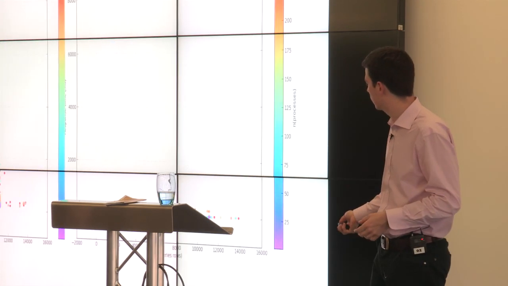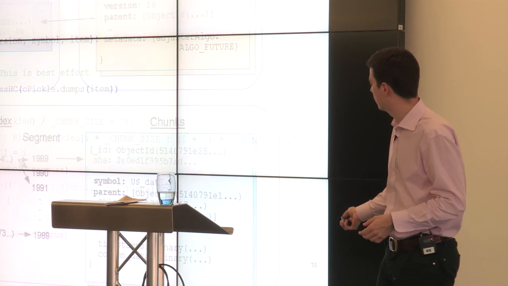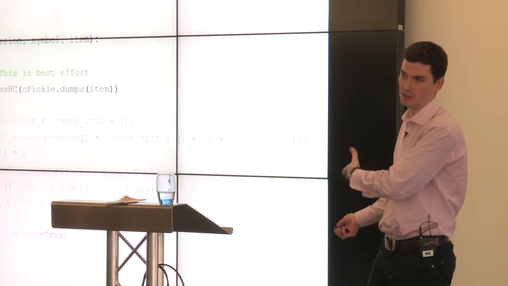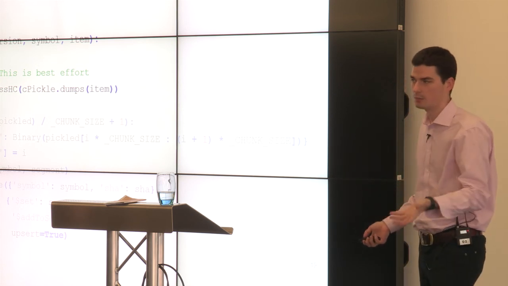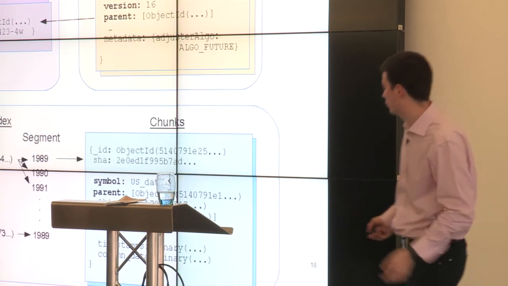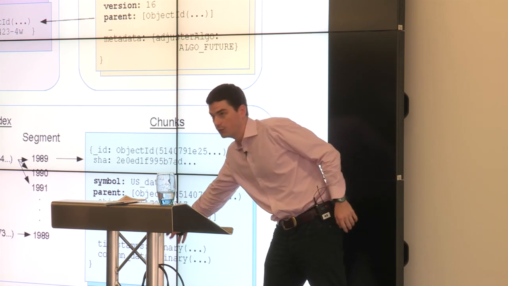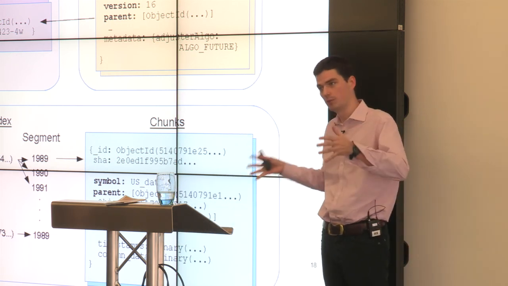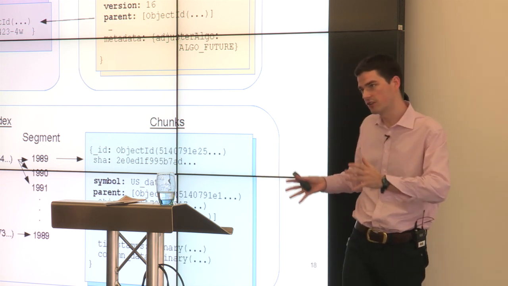In the case of the schema over here, this particular implementation is a brain-dead schema for anything that you can pickle. If it's actually a NumPy or Pandas data frame, then you might store the columns individually here. You'd actually have a bid and ask, and then this chunk only applies to a particular date range. So you choose your chunk size.